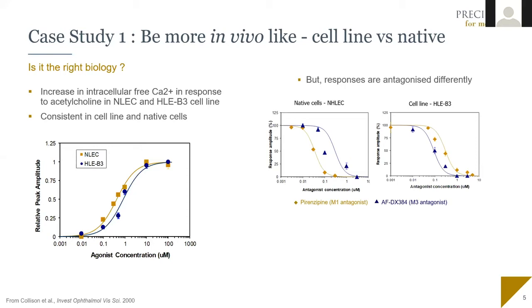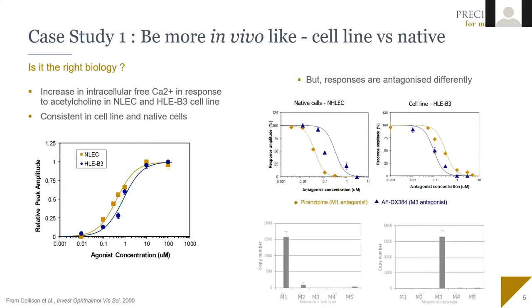So we were looking at a muscarinic receptor 1 (M1) antagonist and also a muscarinic receptor 3 (M3) antagonist. When you add your antagonists in and look at the pharmacology, you're seeing very different responses. In the native cells, the M1 antagonist is a lot more potent, and in the cell line, the M3 antagonist is a lot more potent.